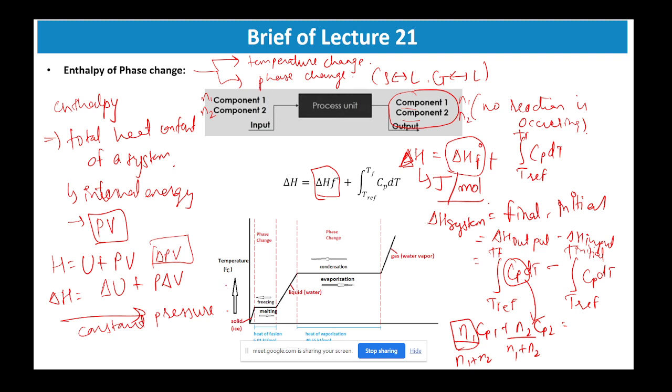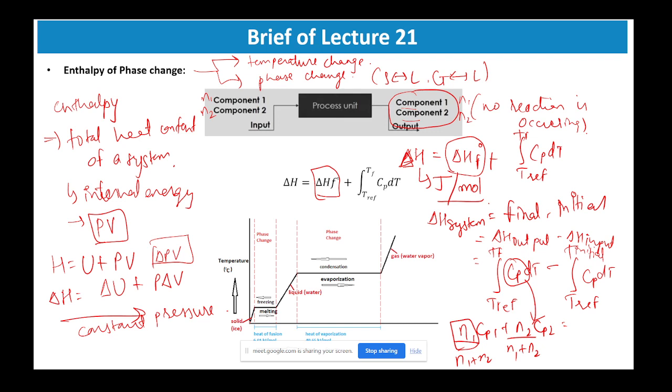Now moving forward, if there is phase change, then I had discussed at that time also how the temperature profile changes during the entire transformation. For example, we have taken an example of water.